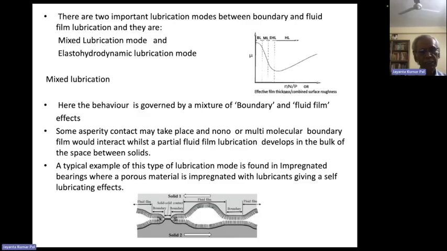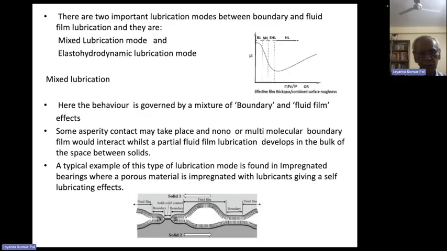Some asperities may contact, and nano or multi-layer boundary film will be interacting, whilst a partial fluid film lubrication will be developed in the bulk of the contact.